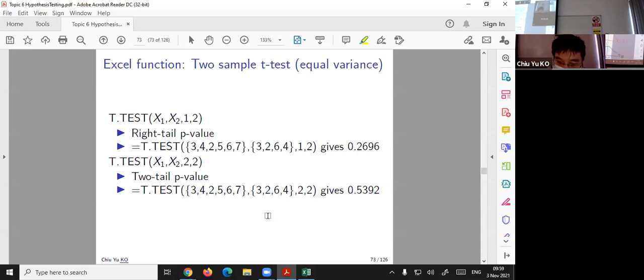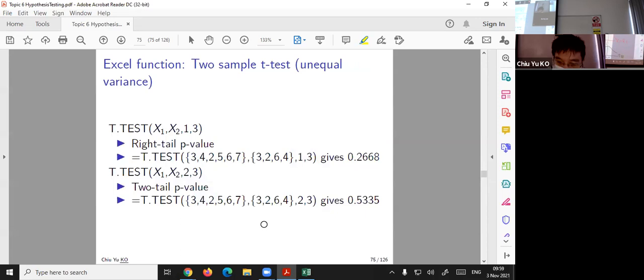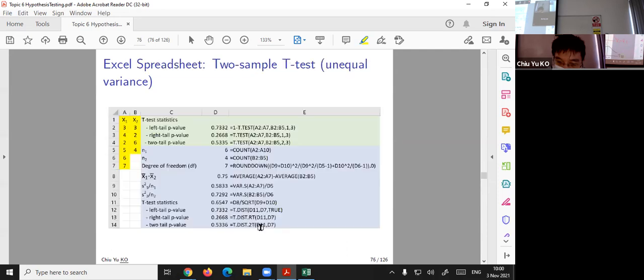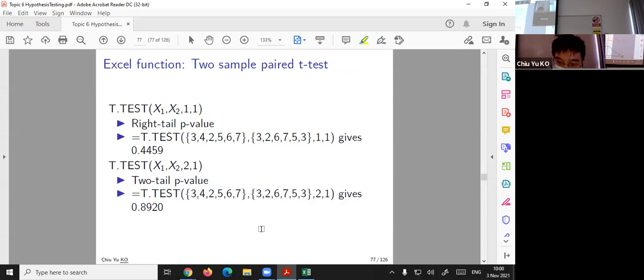You have to input 2 sets of data, and you have to tell it whether you do a right tail or 2 tail. 1 is right tail, 2 is 2 tail. And you have this 2 here, which is the equal variance. Later you will see if you put 3, it will be unequal variance. And you can imagine 1 will be a paired test.